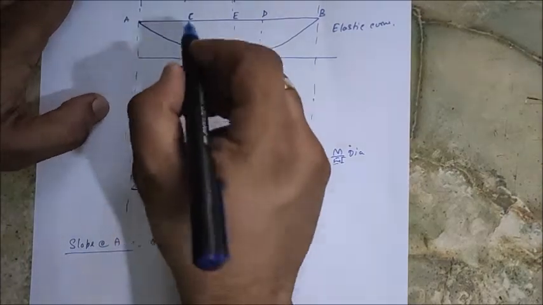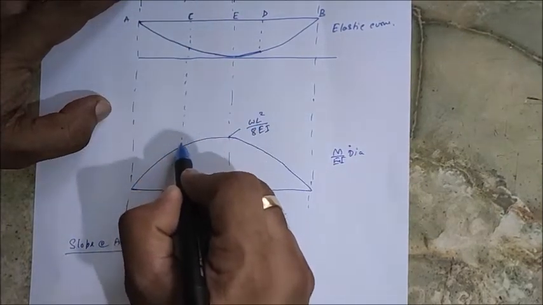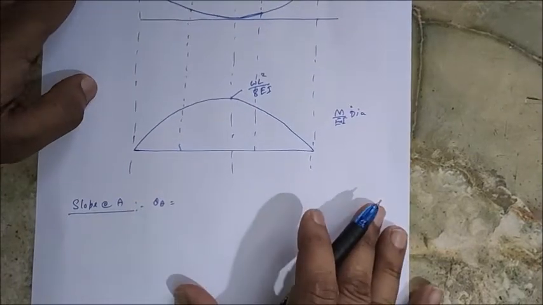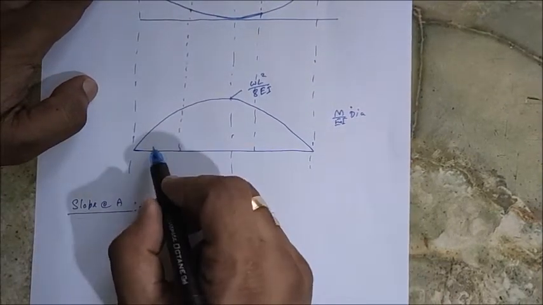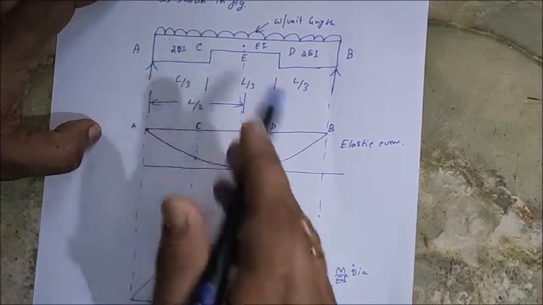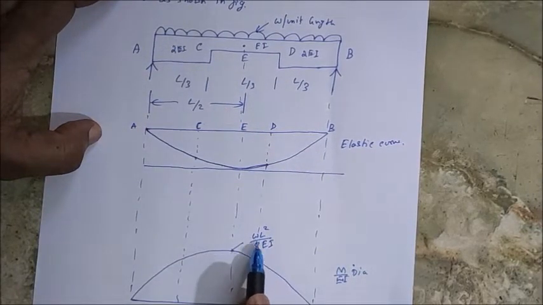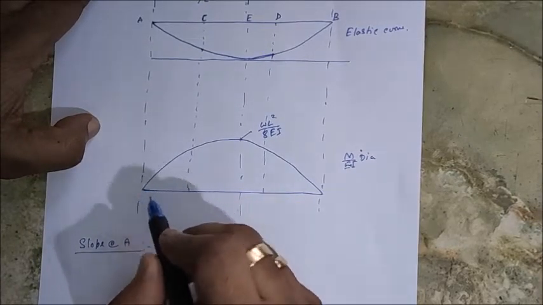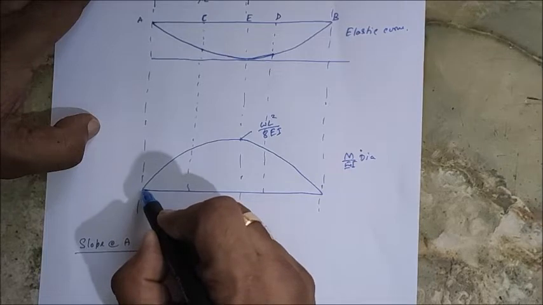Why half part? Let me extend the points C and D over the M by EI diagram. Now in the region A to C, the value of EI is 2EI, so whatever you have done, you need to divide by 2. So it becomes a half here.